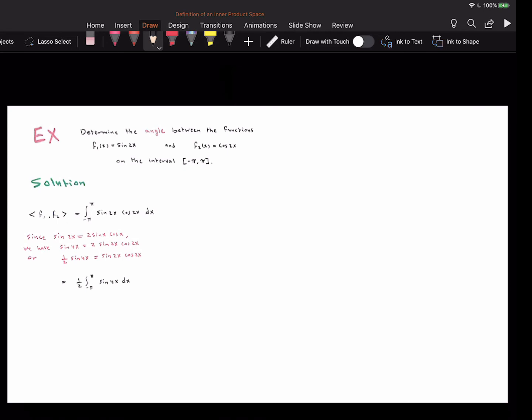Now we have half sine 4x to be integrated. We let u equals 4x, u substitution. Then du/dx equals 4, or du over 4 equals dx. The integration becomes 1 over 8 of negative cosine 4x from negative pi to pi.